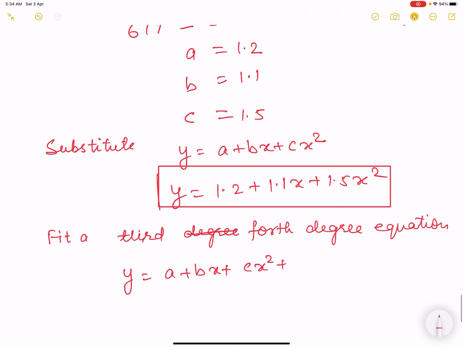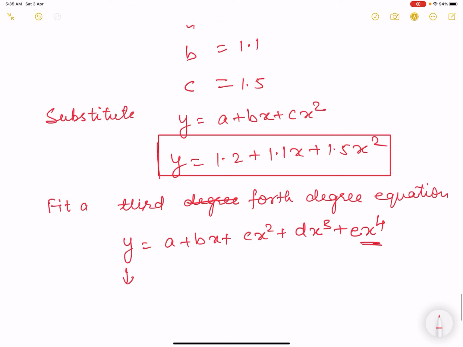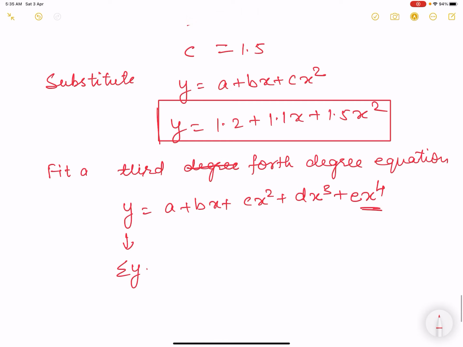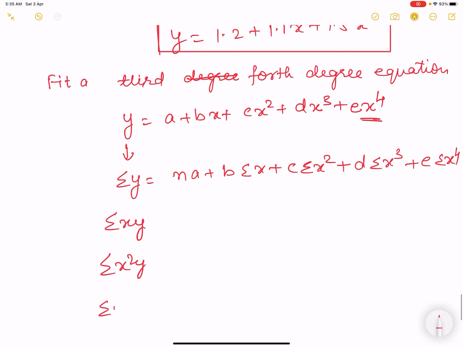Since it is 4 degree, we are going to write till this. Write the normal equation as I told in this video. So the normal equations will be sigma y equals na plus b sigma x plus c sigma x square plus d sigma x cube plus e sigma x4, and similarly we have xy, similarly we have x square y, and then you will have to go to x cube y.